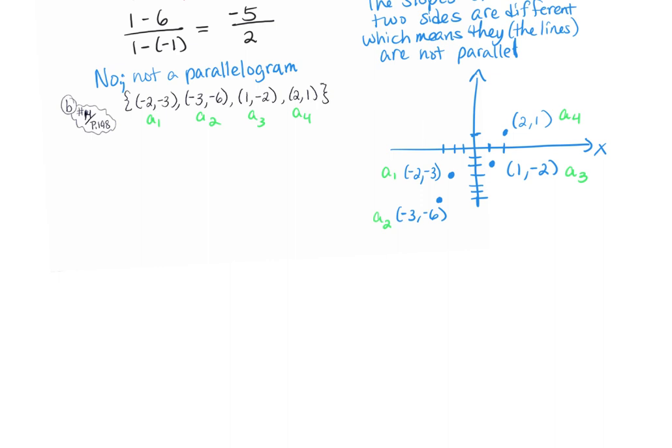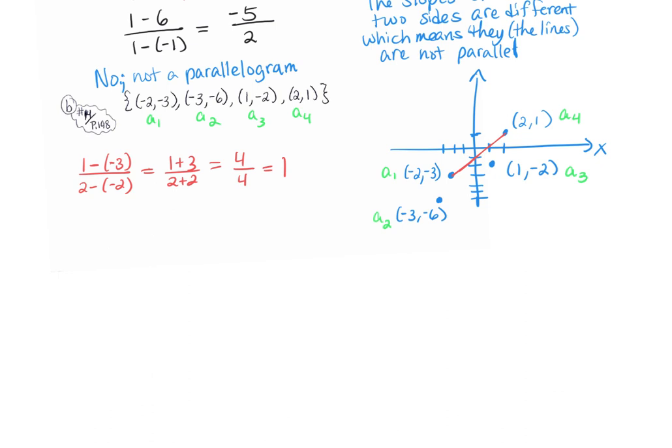Which pairs did you check first? A1 and A4. So A1, A4, that's what you want to check first. So what do we have? 1 minus -3, or 1 plus 3, over 2 minus -2. So this is 1 plus 3 over 2 plus 2, which is 4 over 4, which is 1.